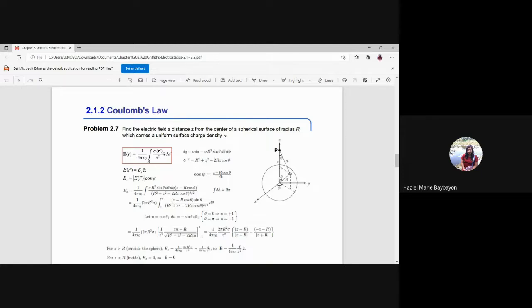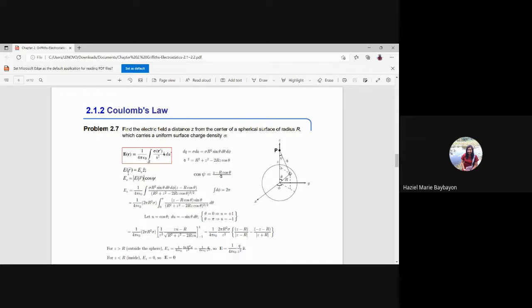And this side, towards the point, is equal to z, a distance z from the center. So this is the distance from the center towards the field point. So your separation vector can be obtained using the cosine law.